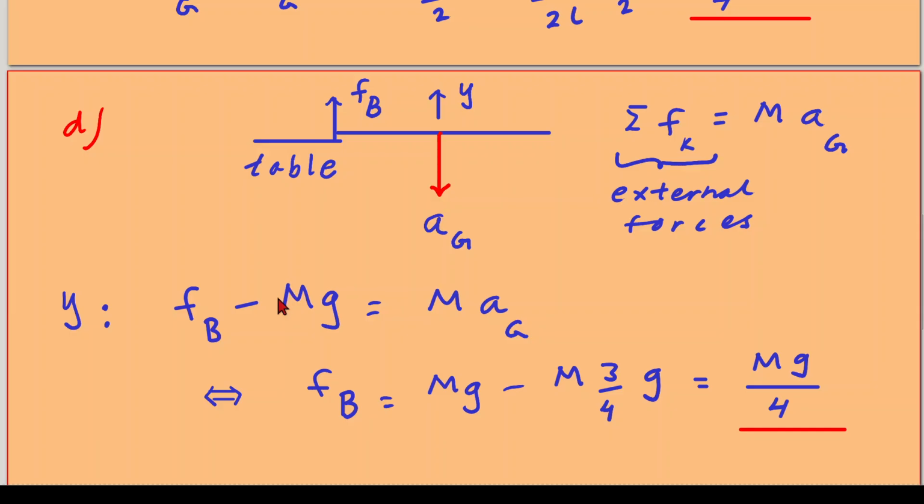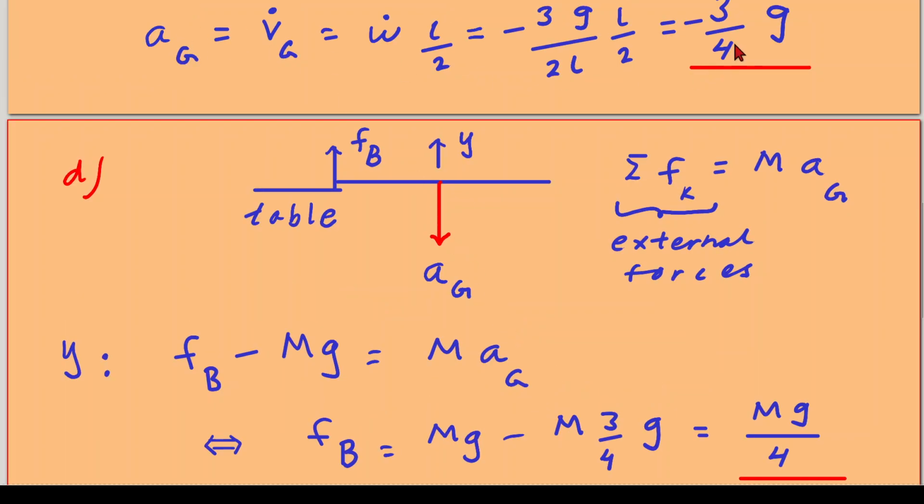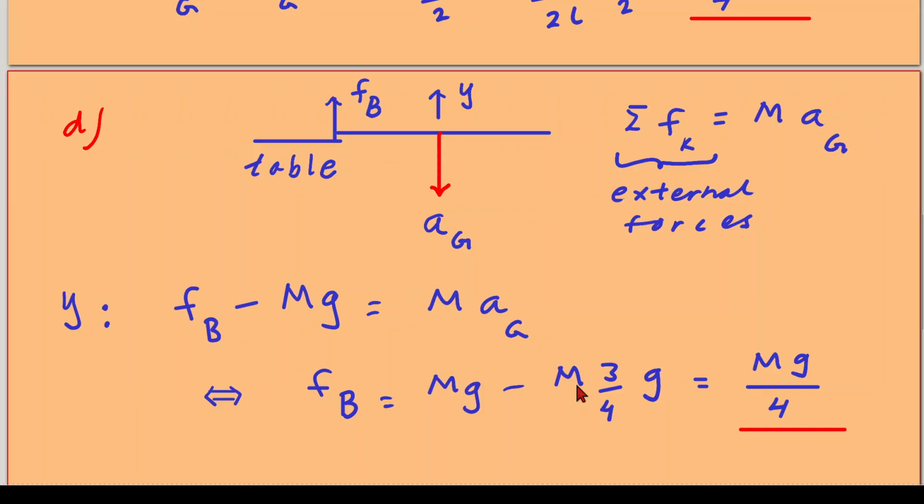So Fb, move this over to this side. So that's the mg, and a_cm we just calculated and multiplied with the mass, and here you get the final answer, mg over 4. So when you held this with your hand, it was mg over 2 here, and also mg over 2 here. But at the moment you release, now you will get mg over 4 here instead.